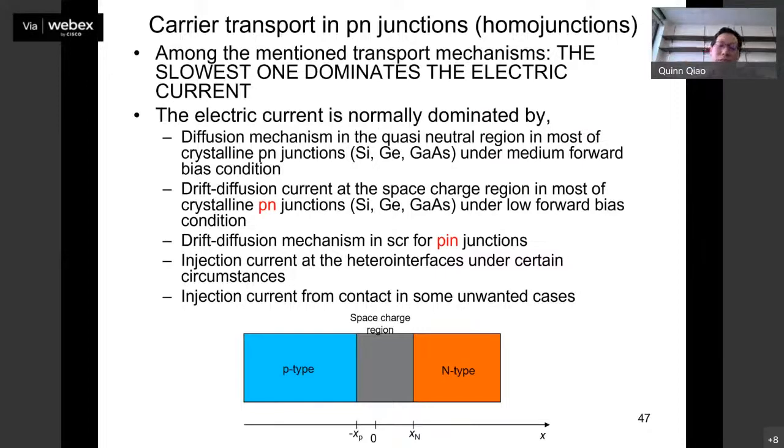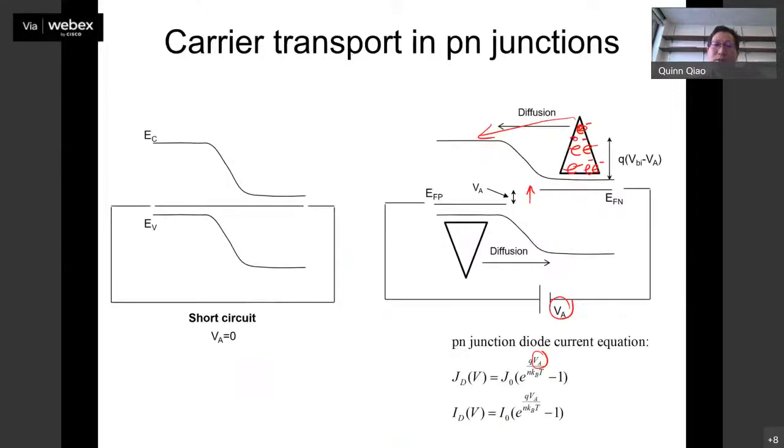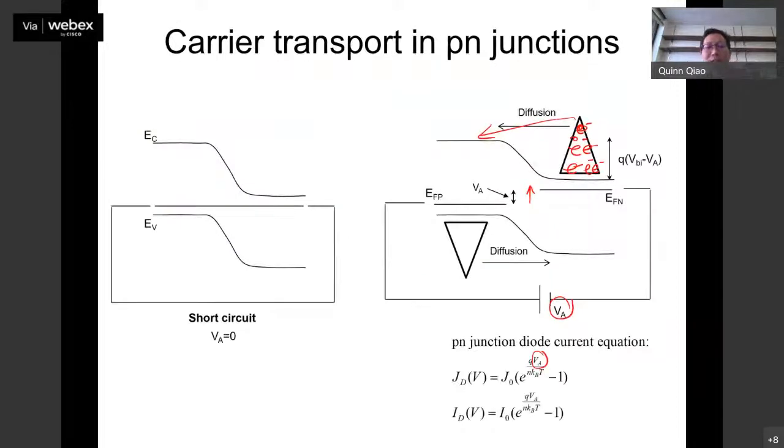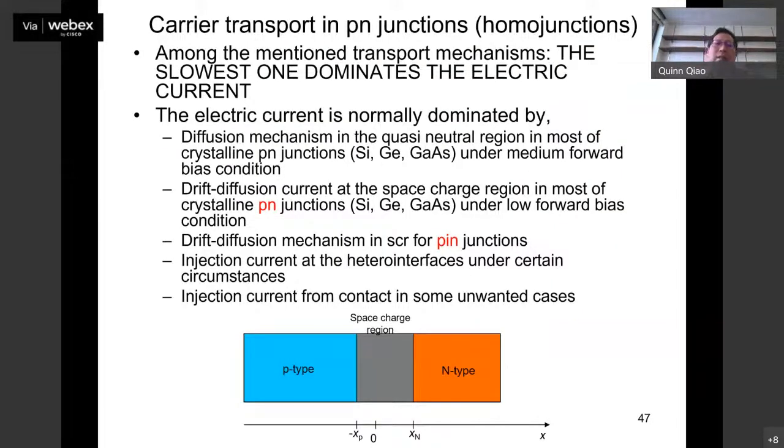The same thing here: I have four processes, one, two, three, four. Which one is slower determines the entire current you have. Okay, you got it. So basically, for these kinds of p-n junctions, typically the diffusion slows things down.